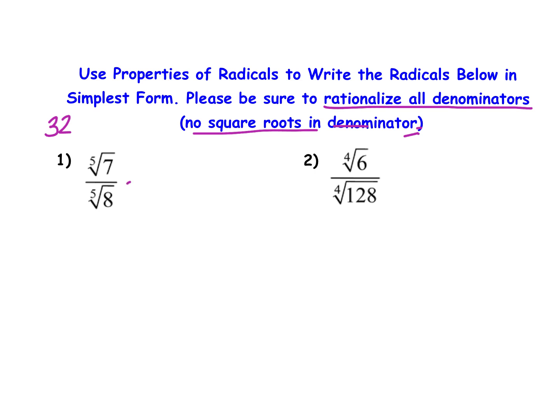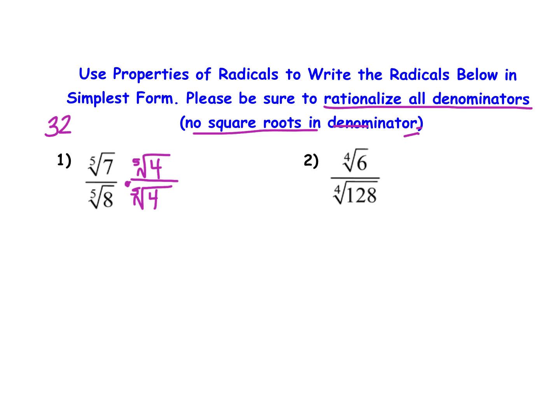So what I'm going to do here is, in order to rationalize my denominator, I'm going to multiply both the denominator and the numerator by the fifth root of 4. Now notice that in doing so, I'm really just multiplying by 1 in a very weird way. Fifth root of 4 over fifth root of 4 is 1, because something divided by itself is 1.